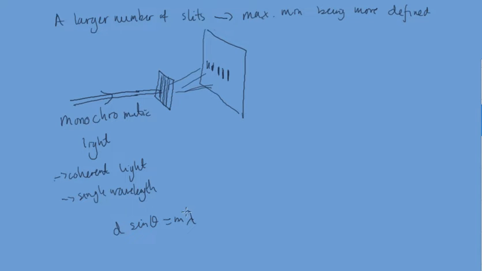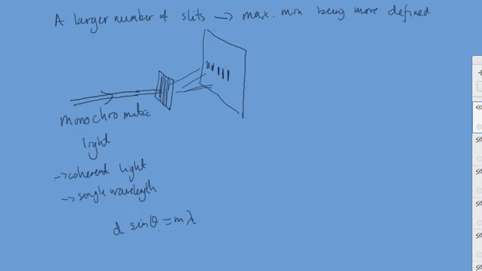If you have white light, the lambda is going to be variable because white light contains a multitude of different wavelengths. It's no longer monochromatic. And what this equation shows us is that the positions of your maximum and minimums are going to be affected by lambda, because different wavefronts are going to have a different path difference depending on the wavelength of light.